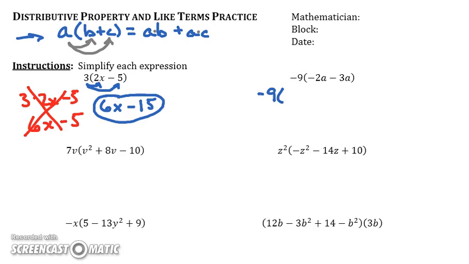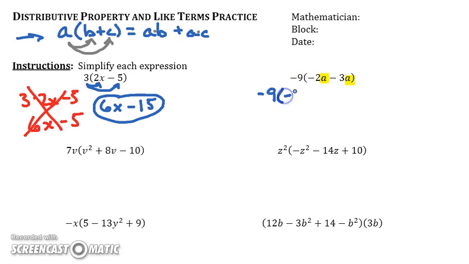We notice, first off, that negative 2 has an a next to it, and this subtraction of 3 also has an a along with it. Because both of these are a's, it's like saying I owe a person 2 apples and I owe a person 3 apples. How many apples overall do I owe?